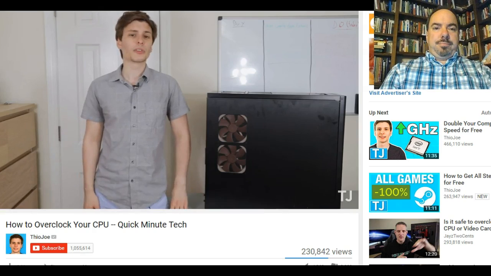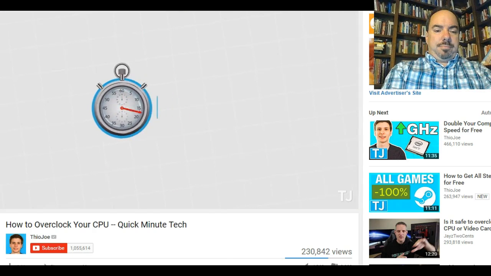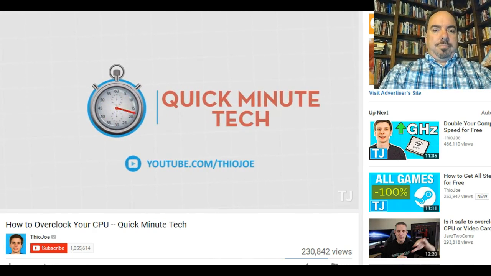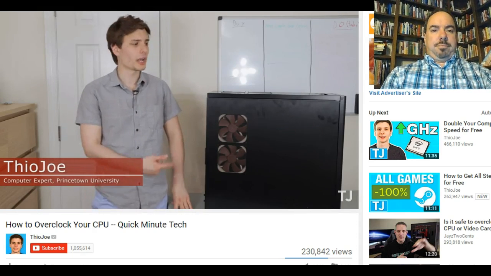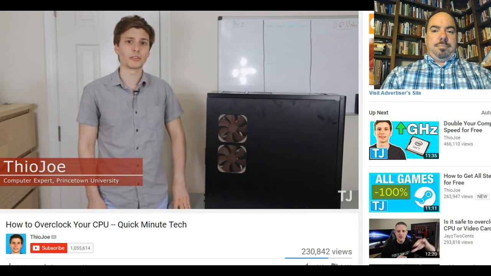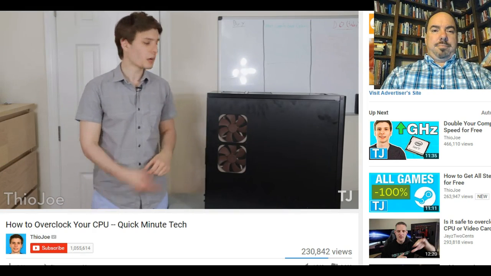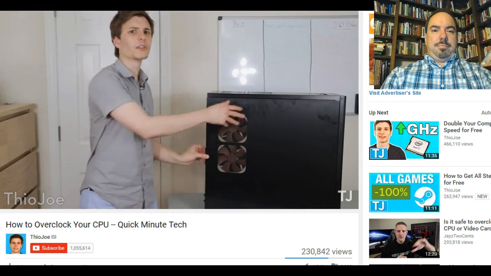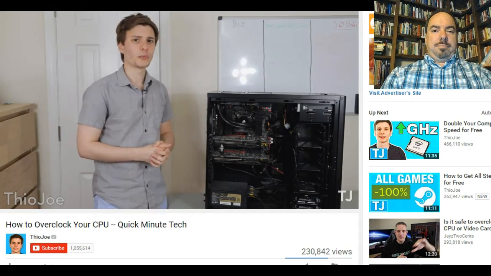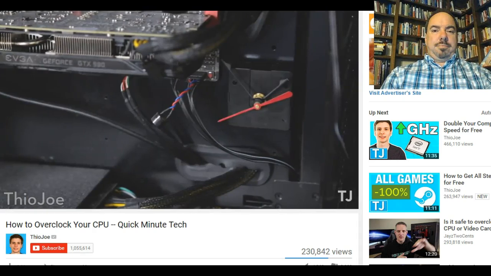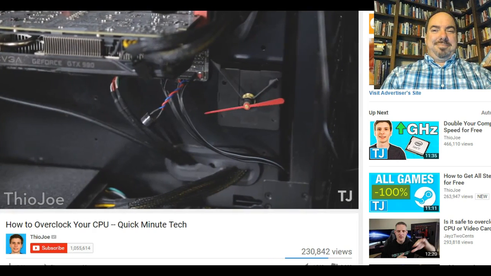Hey guys, I'm Theo Joe, and this is Quick Minute Tech. Have you ever wanted to overclock your CPU but thought it would be too difficult? I'm going to show you how to do it on your computer in just a couple of seconds. The first thing you need to do is take off the side panel of your case. Then you can just set it aside for later. Once you have the case open, look for the CPU clock on the motherboard, which controls the speed. It looks just like a regular clock.